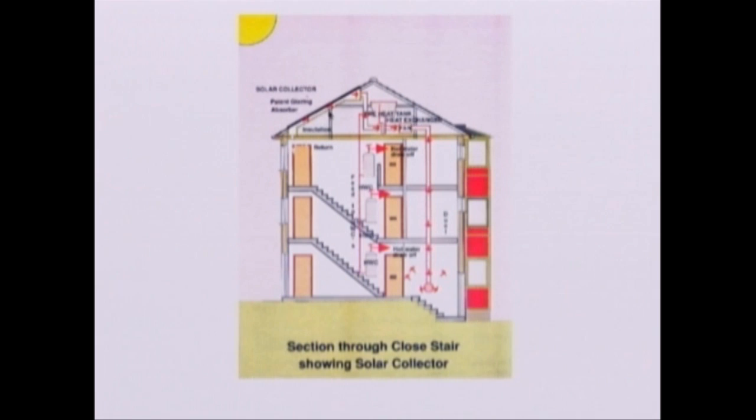So the air collector took air from the top of the stairwell, heated it up on a sunny day, and that then went through an air to water heat exchanger, heating the water, and then a fan took, if you like, the loose change from the thermal benefit down to the bottom of the stairwell, from whence it circulated up to the top again. The weak link was actually at the exchange.